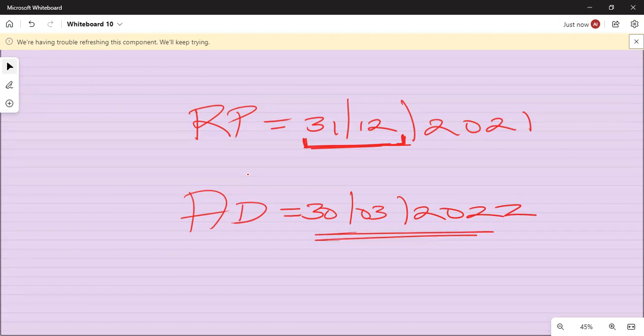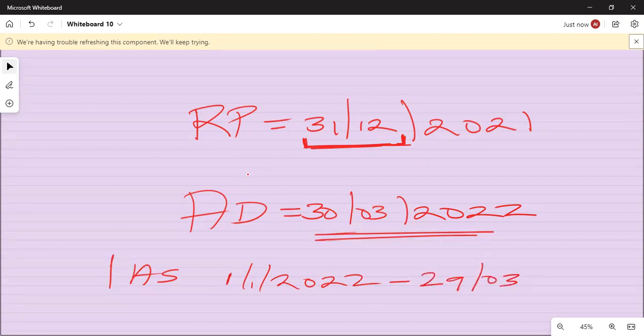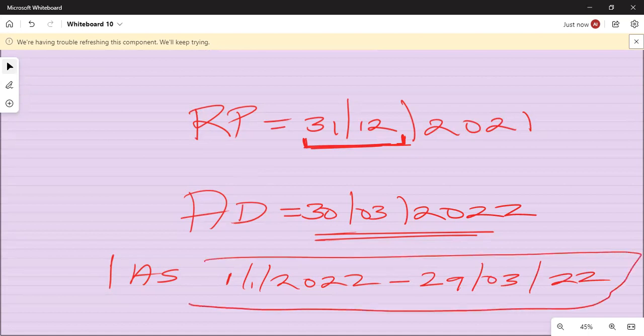Now, what IAS 10 is talking about is the events that occur between 1st of January 2022 and 29th of March 2022. These are what we call events after the reporting date.